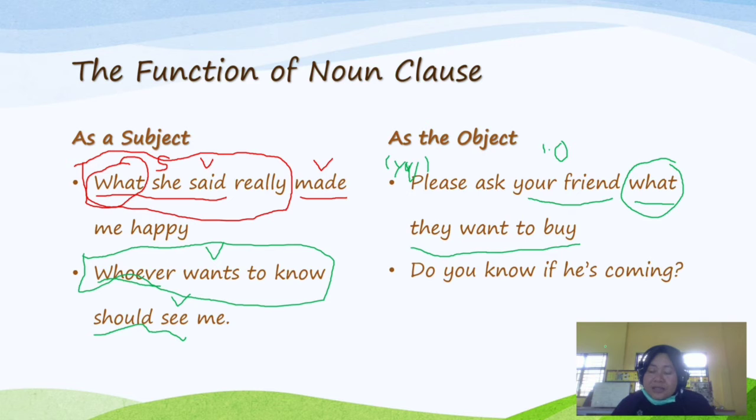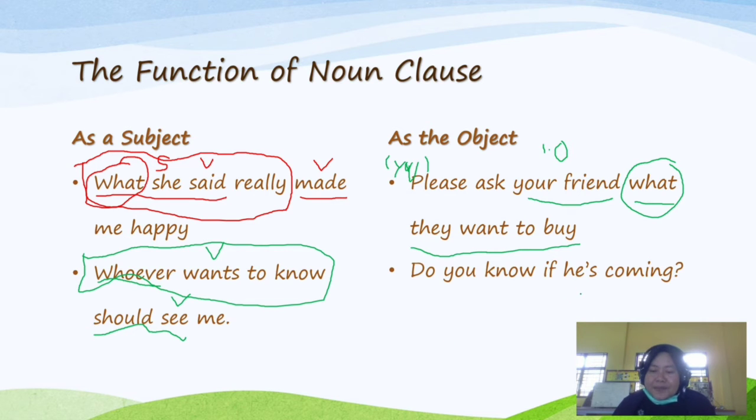If it is interrogative, it means that the auxiliary comes first and then is followed by the subject. But here, the subject comes first, and then to be, and then verb-ing. It means that this is not a pattern of an interrogative sentence. This is a pattern of a positive sentence. But we are not going to discuss it. We go back to our noun clause functioning as an object here.